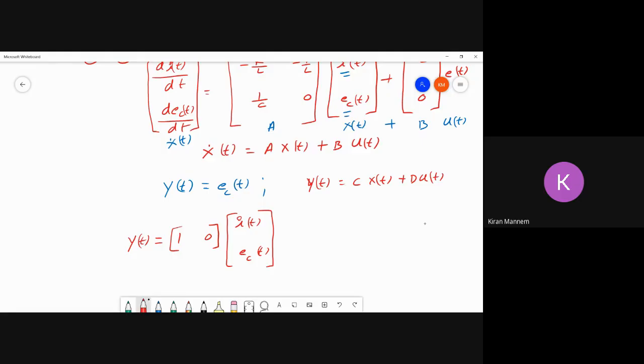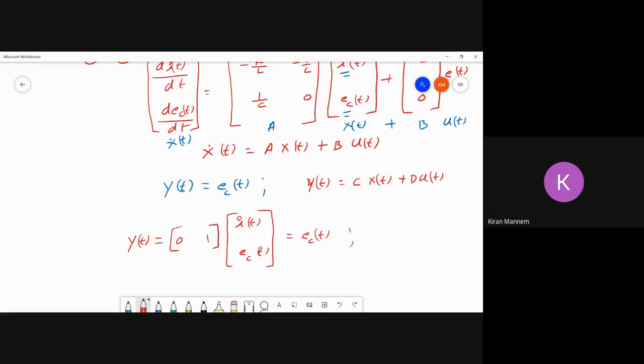Sorry, I wrote it in the wrong way. We will reverse it: 0 and 1. Now what is y of t? You multiply with 0 and I of t, it will be 0 and 1 times EC of t, which is equal to your EC of t.